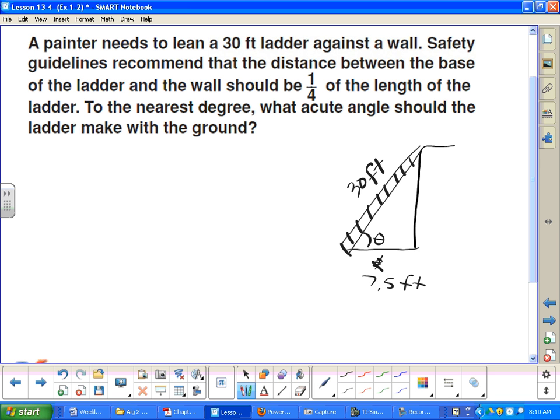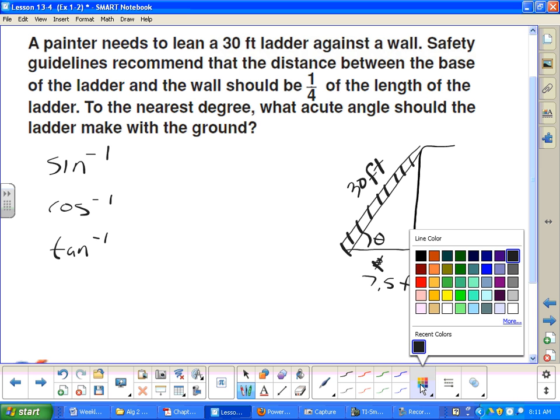Since we're trying to find the angle, we're going to use either inverse sine, inverse cosine, or inverse tangent. The first thing I need to know is which one of those three I am using. Here's the angle. I know a side that's 7.5, and I have a side of this triangle that's 30 feet. The 7.5 side, which part of the triangle is that?